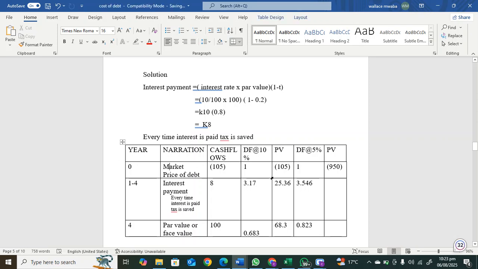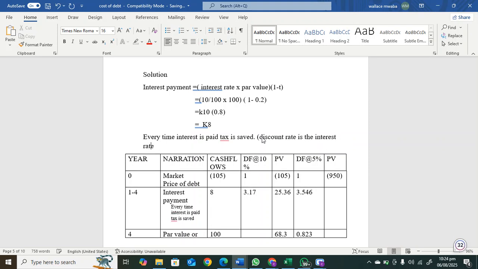You have your years in the first column, your narration in the second column, your cash flows in the third column, and in the fourth column, your discount factor at 10%. Remember, this is important: the discount rate is the interest rate, okay?